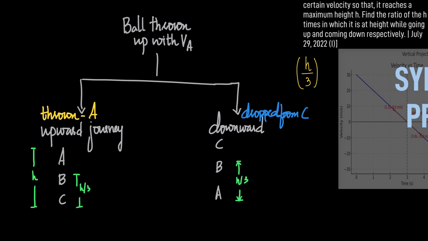And the second half of the motion would be considered as one in which it is dropped from C, moving downwards, covering the points C, B, and A in order, where B is at a height h by 3 from the ground.